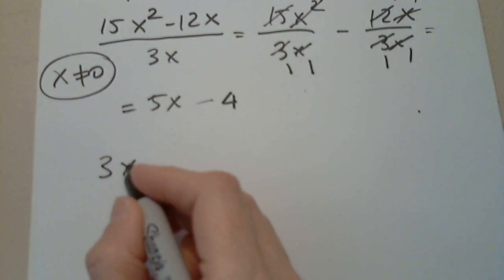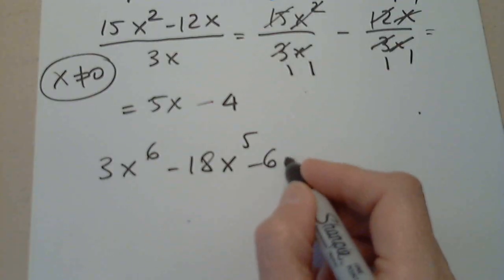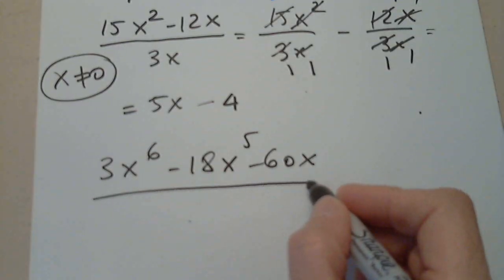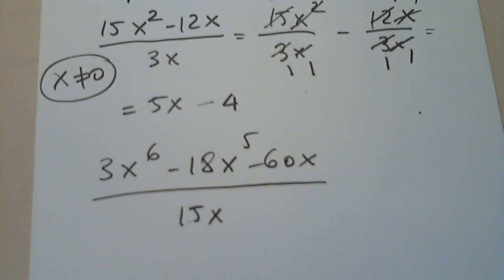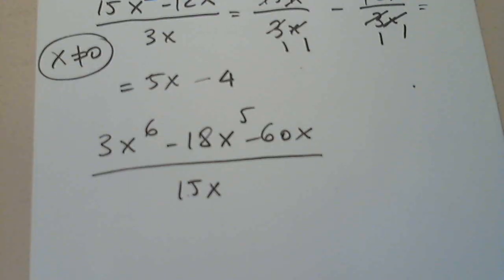Let's say 3x to the 6th minus 18x to the 5th minus 60x, everything divided by 15x. Option 1 works only because the denominator is one term. Otherwise, the only other option is option 2. So let's work on this problem.